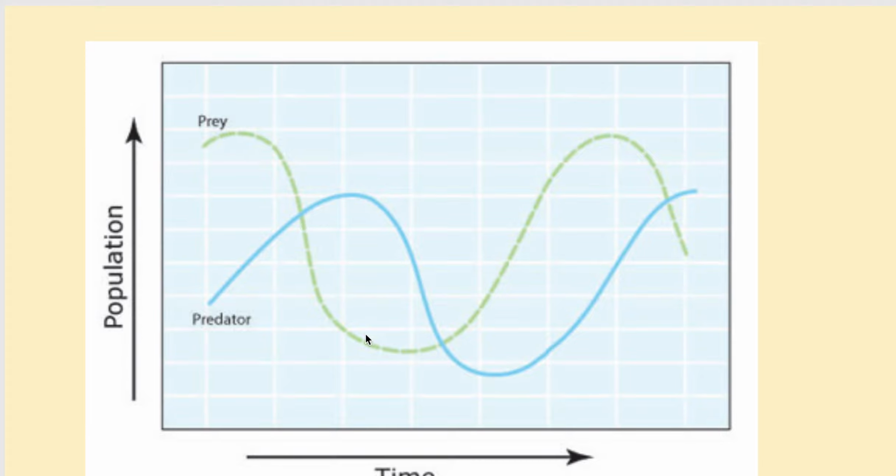But as the prey population decreases, eventually the predator population will start to decrease as well as they run out of food. And so as they run out of food, they're going to have fewer babies. They might have to leave the area, and that'll give time for the prey population to recover and come back up. So what kind of feedback loop will this be? So yes, this will be a negative feedback loop, and this is how most of the loops are in an ecosystem.